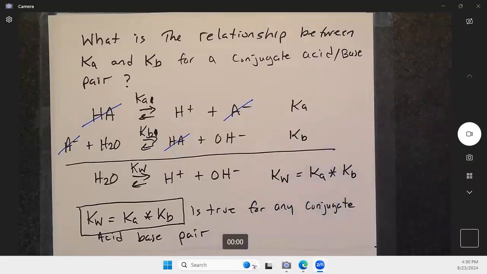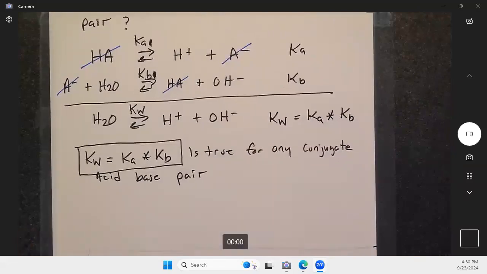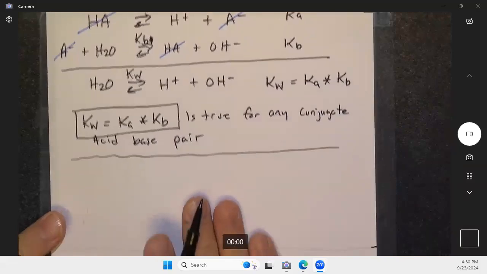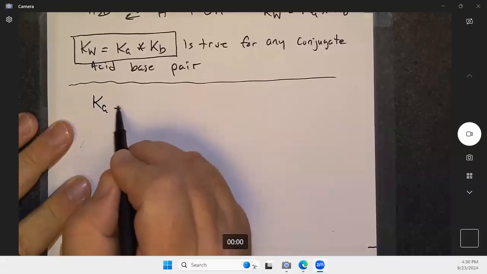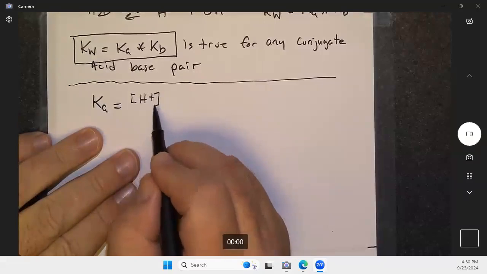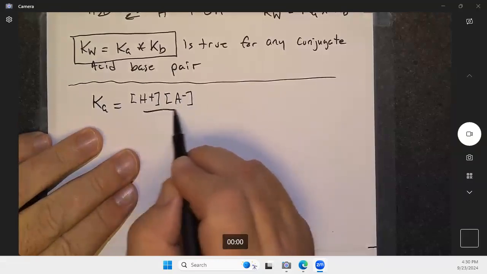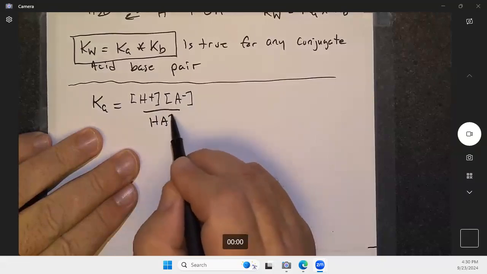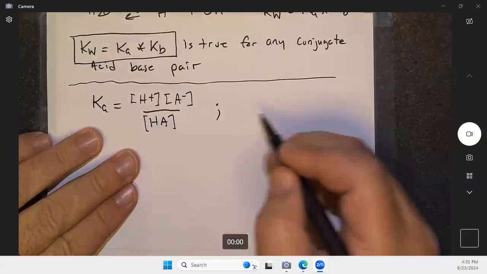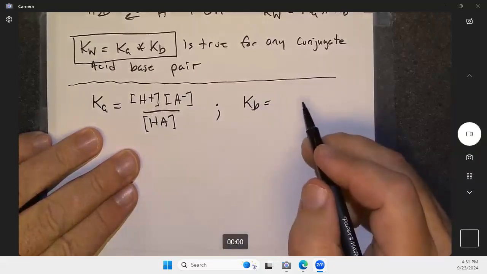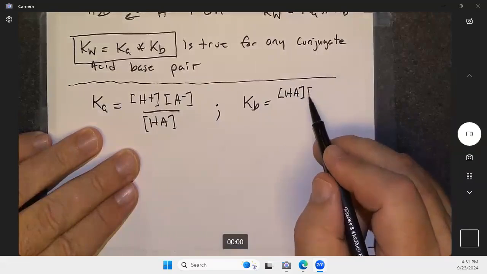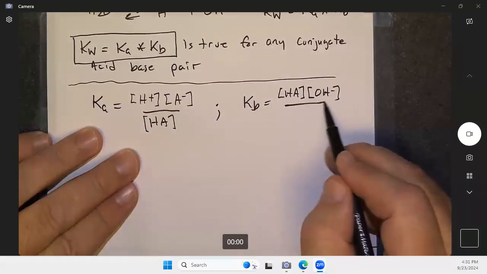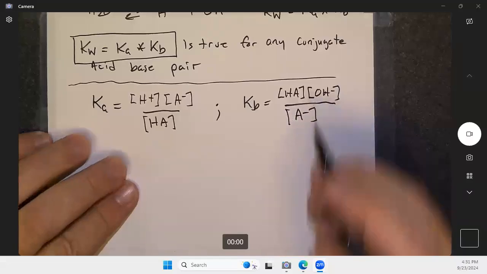Just to point this out to you, earlier up here, we could have written the expression for Ka as Ka is equal to H plus times A minus over HA, and Kb is equal to HA times OH minus over A minus.